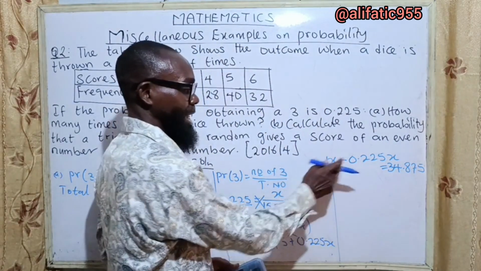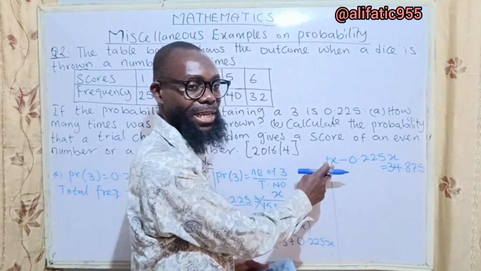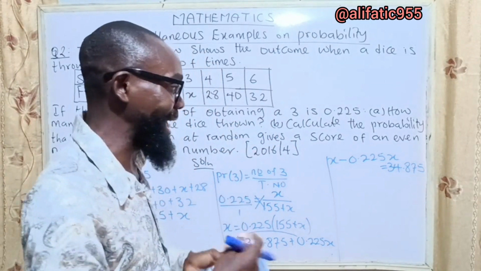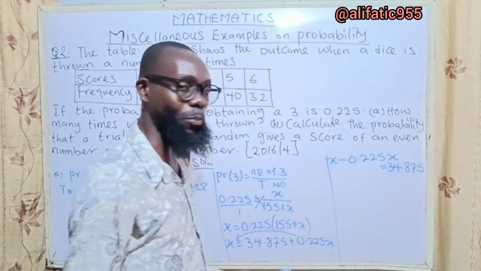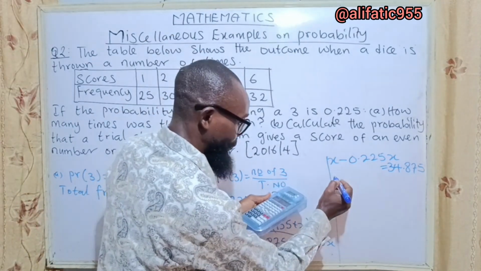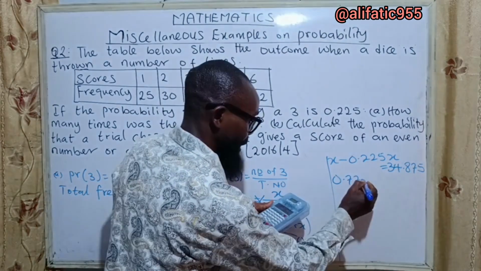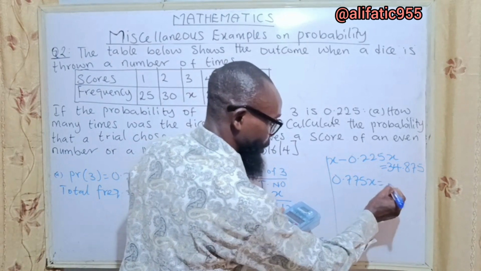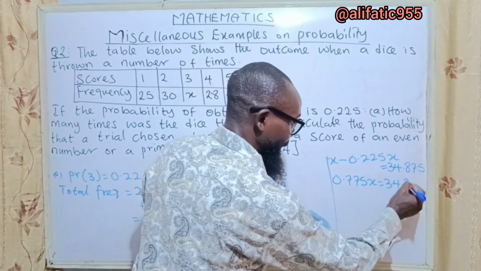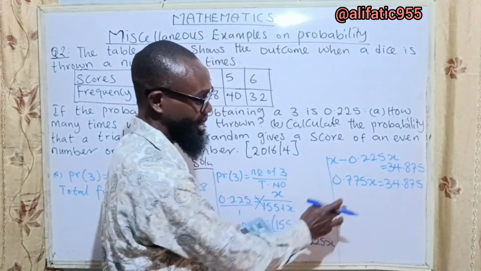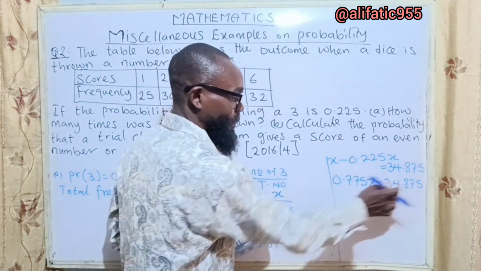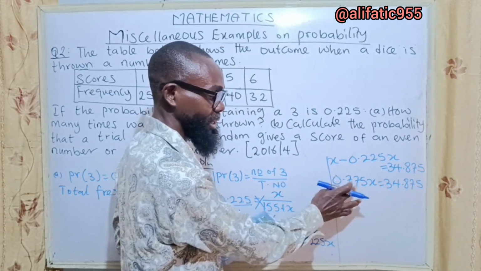Now, take away this. This x is standing as 1, so it's just like saying 1 minus 0.225. So we have 0.775x is equal to 34.875. To get the value of our x, you divide both sides by 0.775.